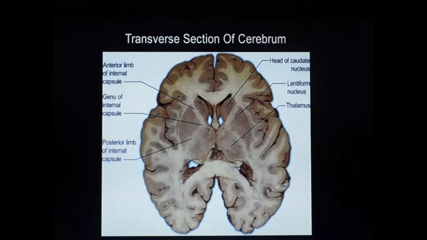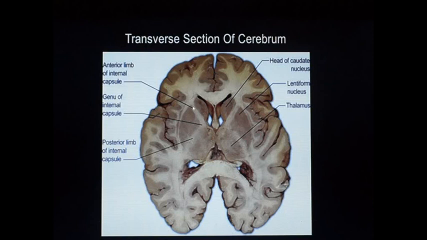This is the transverse section of the cerebrum at the level of the thalamus, and we can see the caudate nucleus, thalamus, and laterally this triangular part is the lentiform nucleus, and this V-like white band is the internal capsule.